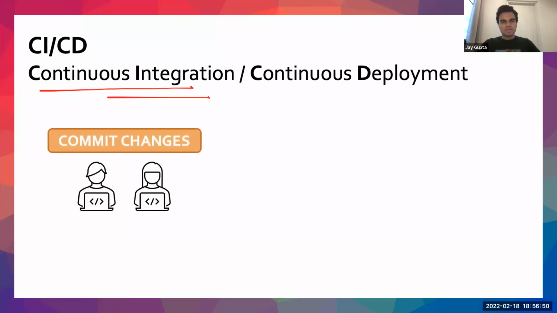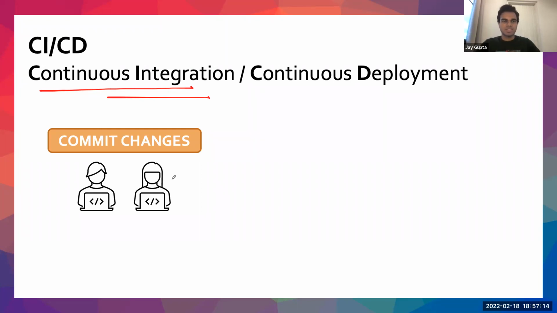So let us take a use case. For example, we have a repository, say the NTOSS API repository, and we have a group of developers. What developers do is they commit code to a central repository. A developer will write some code which represents a change in the code base.